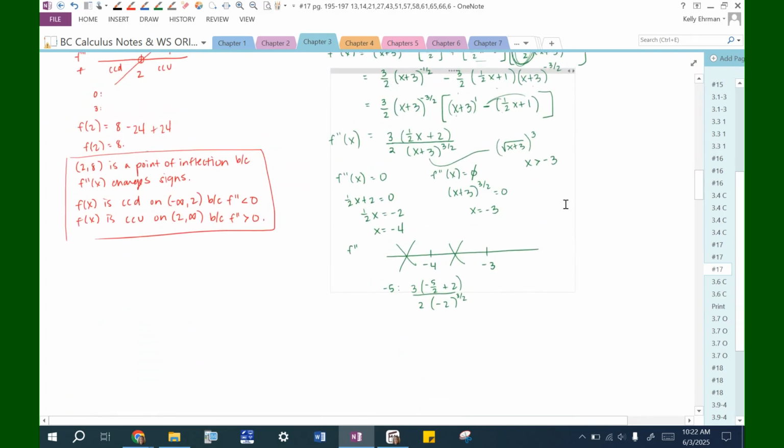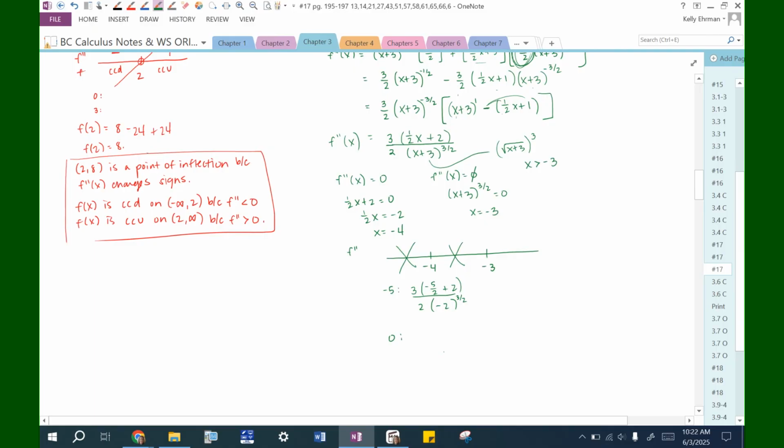Okay, and so let's just plug in 0. If we plug 0 into this, we get 3 times 2 over 2 times 3 to the 3 halves, positive. So there is no point of inflection because f double prime never has the chance to change signs. So I'm going to say f of x has no points of inflection. And what's my reason for that?